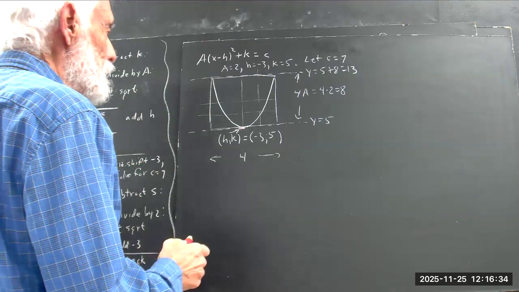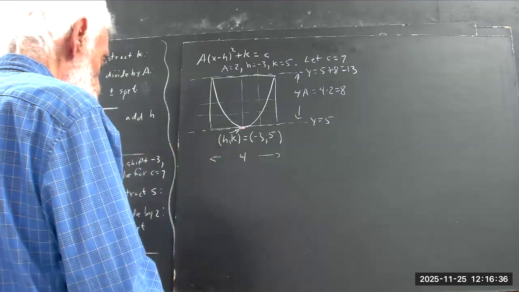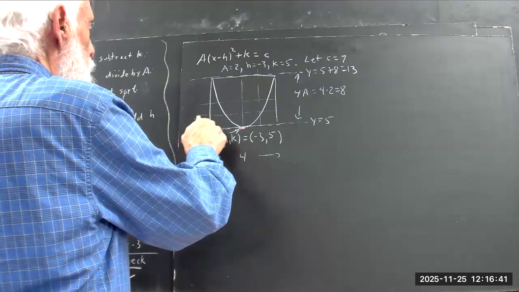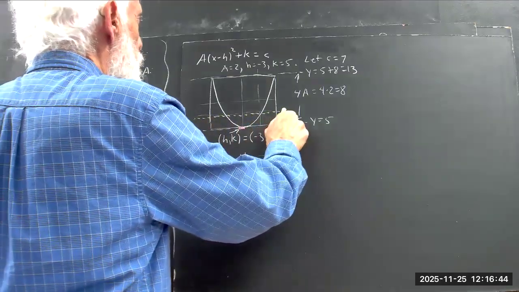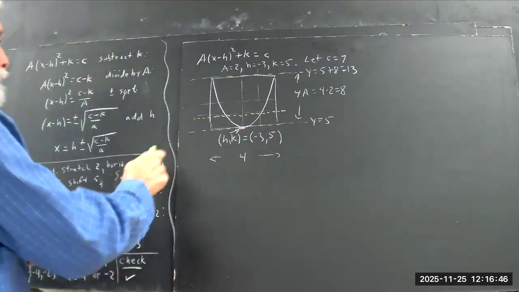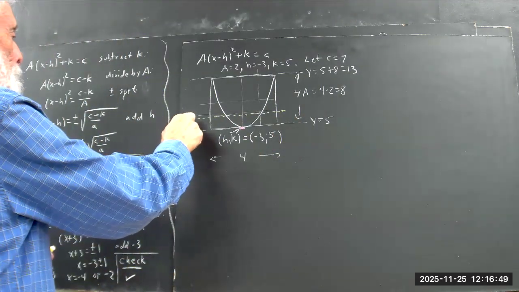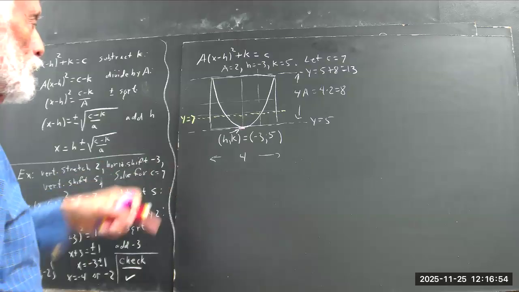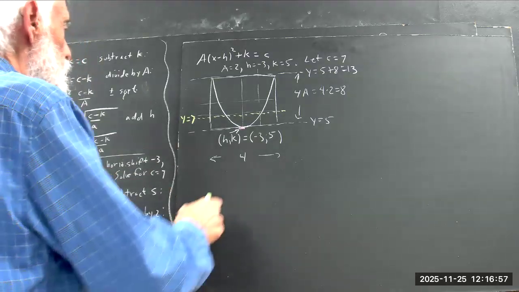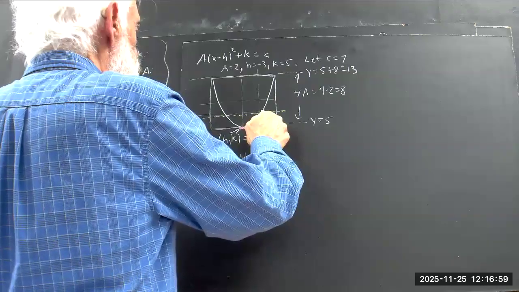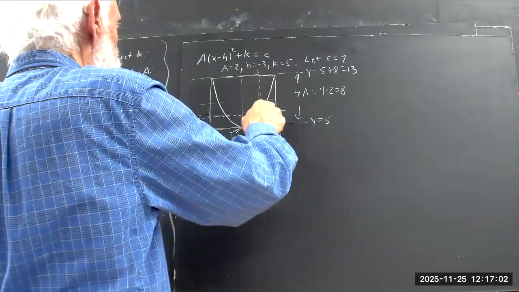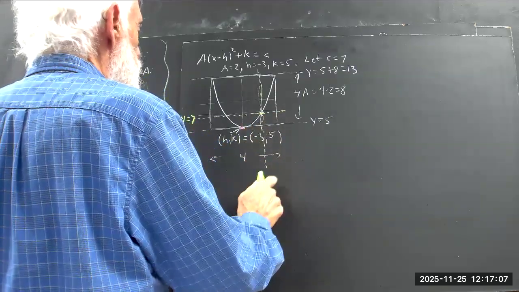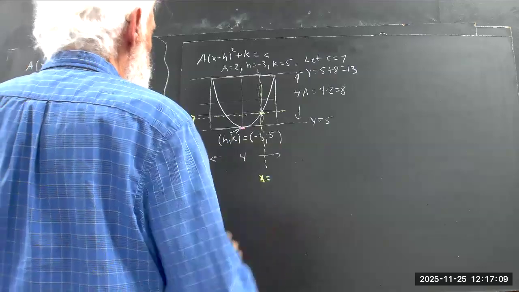Okay, well, c equals 7 turns out to be this green line. That's y equals 7. The green line intersects the graph at this point where x equals what?